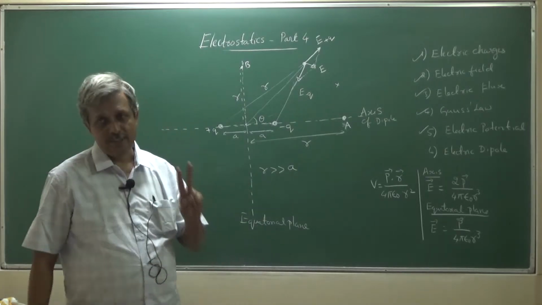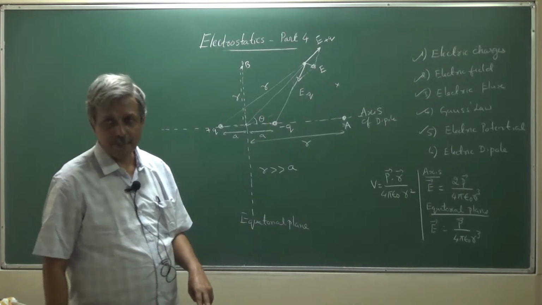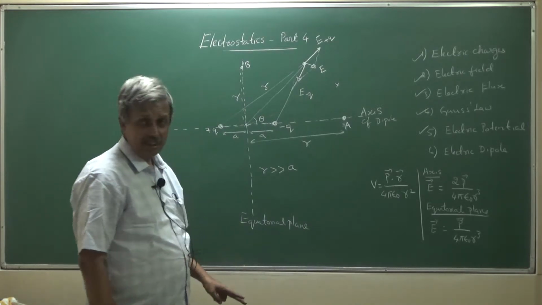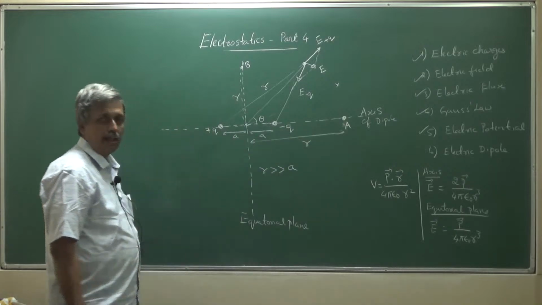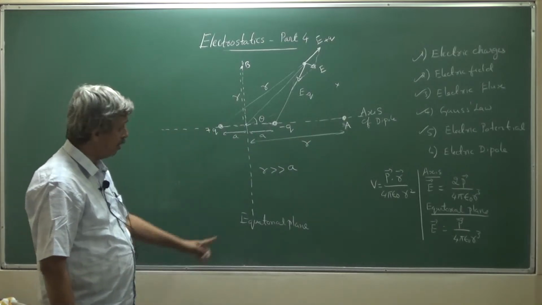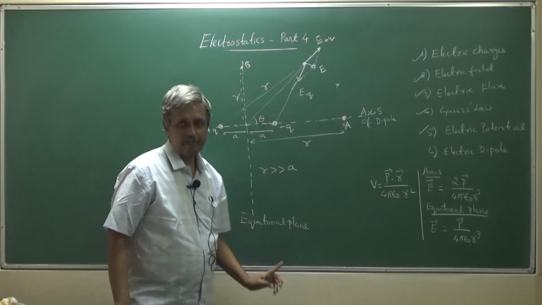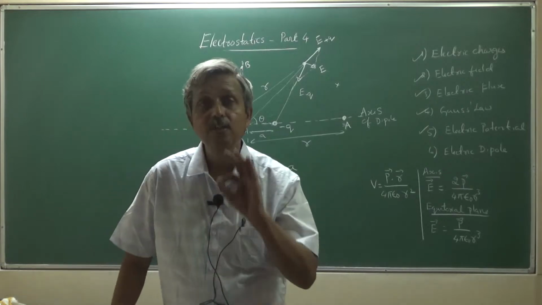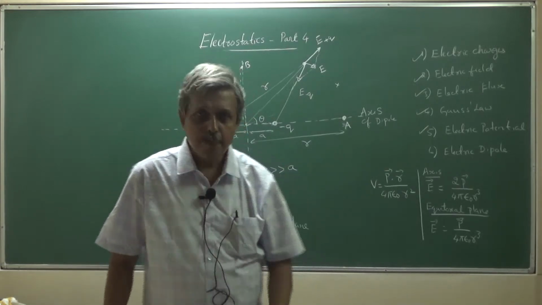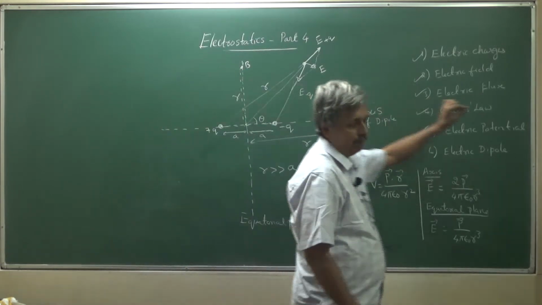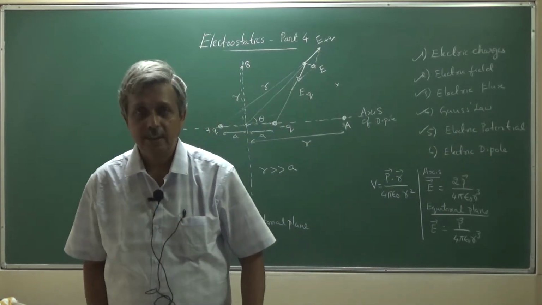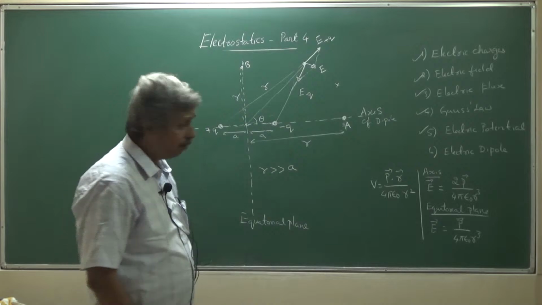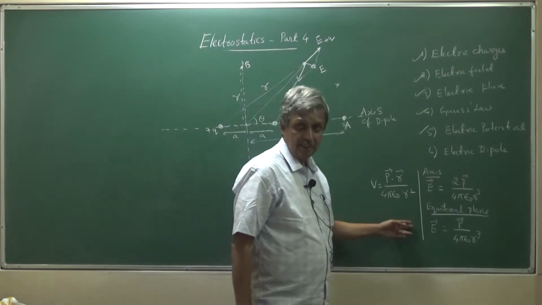What is in the syllabus is two derivations: the electric field when the point is on the axis of the dipole, and the electric field when the point is on the equatorial plane of a dipole. In both cases, you can move the point along that line wherever you want, and you can calculate the total electric field.